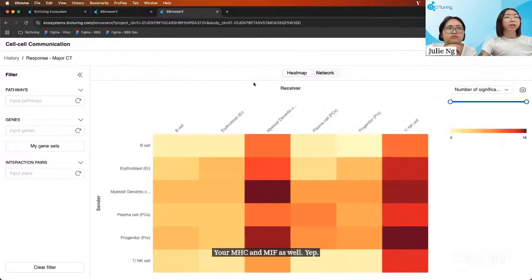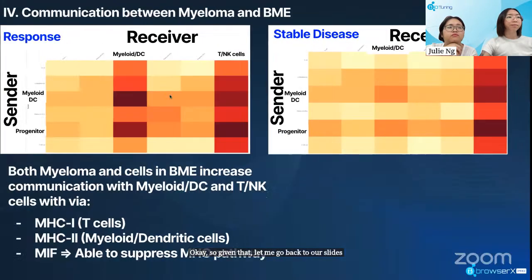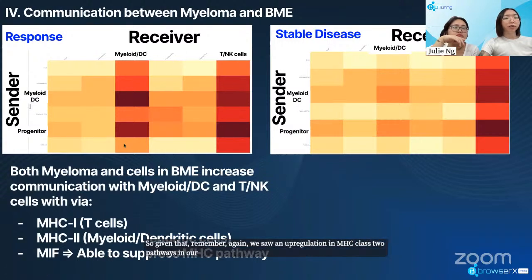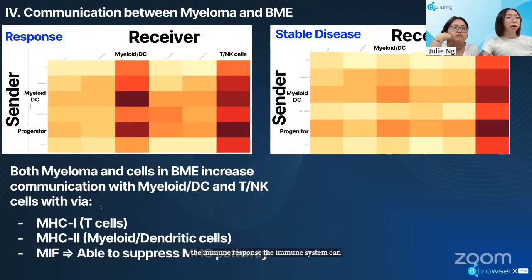Okay, so given that, let me go back to our slides to give you a summary. Remember again, we saw an upregulation in MHC class 2 pathways in our myeloid and dendritic cells. And so these MHC class 2 molecules are antigen presenting so that the immune system can respond.